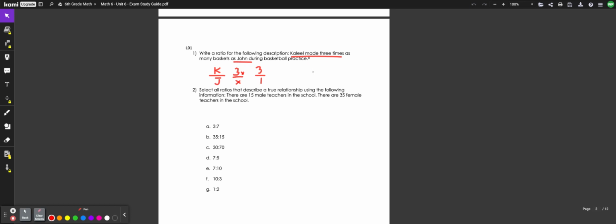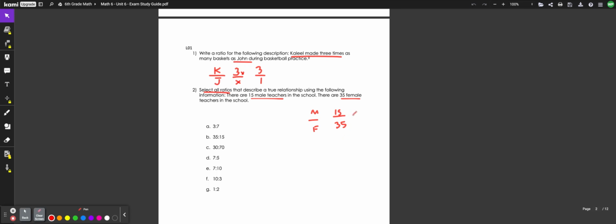Number 2, select all the ratios that describe the true relationship between the male teachers in a school, there being 15 male teachers and 35 female teachers in the school. So if we have male to female, 15 to 35, we are looking for all of the ratios that are equivalent to 15 over 35.